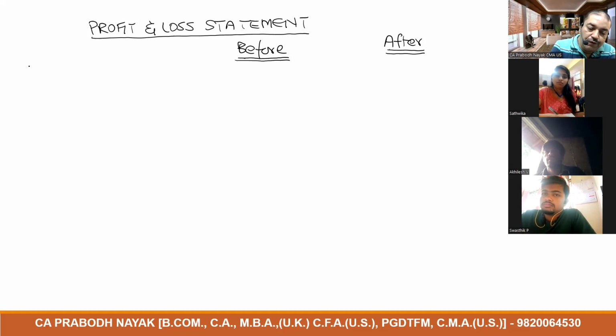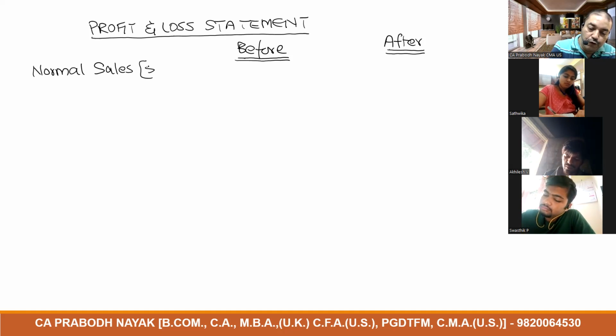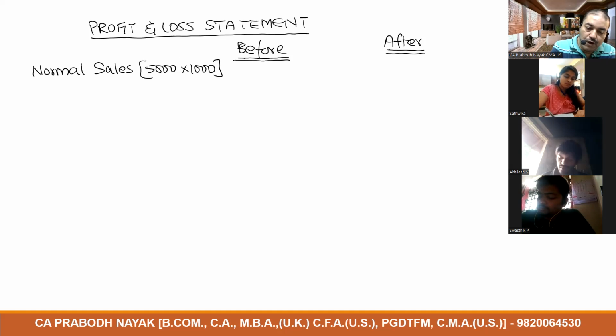What I will do is I'll start with normal sales. 5,000 units are sold at 1,000 rupees each. So this will come to 50 lakhs.